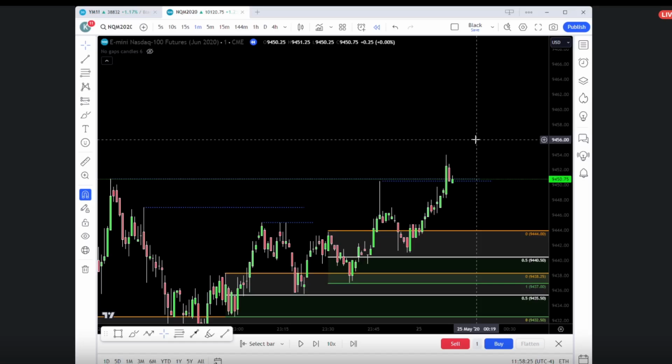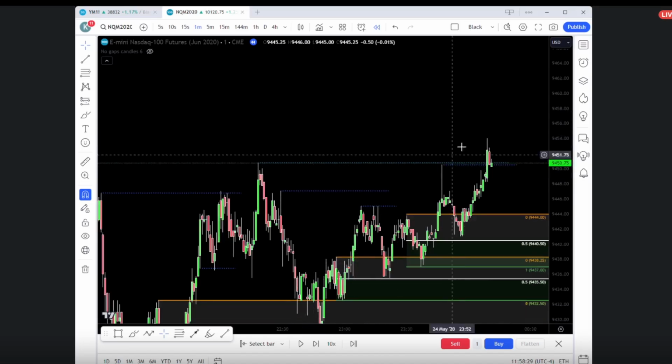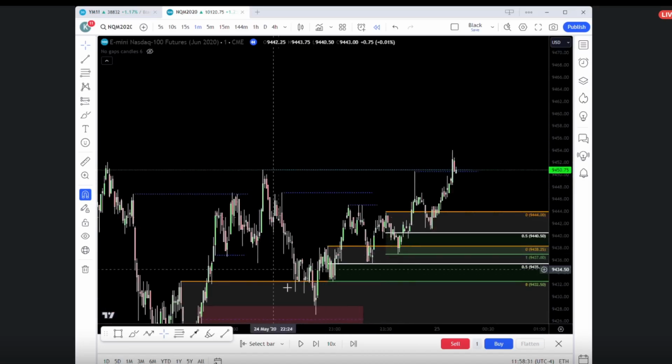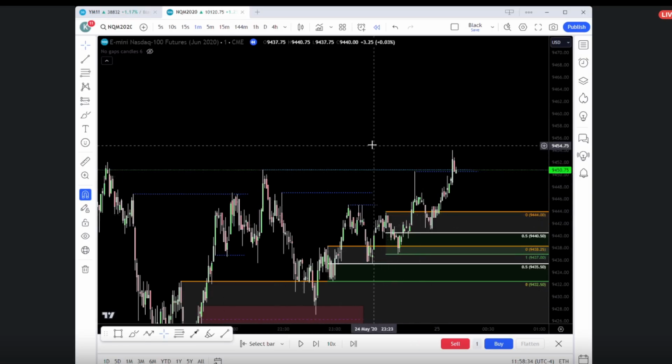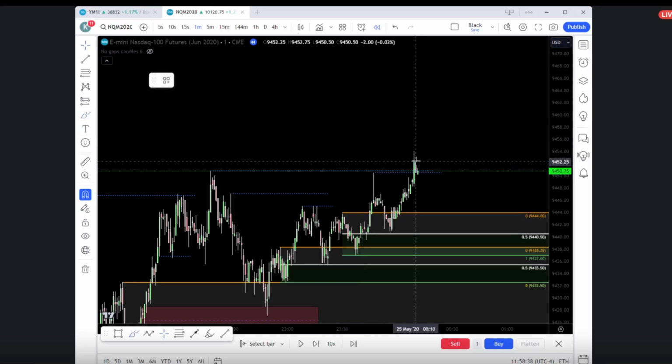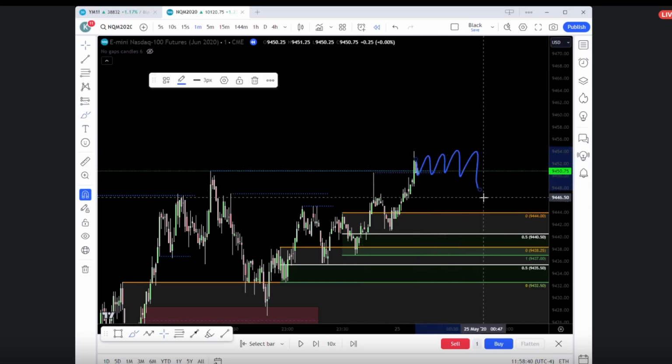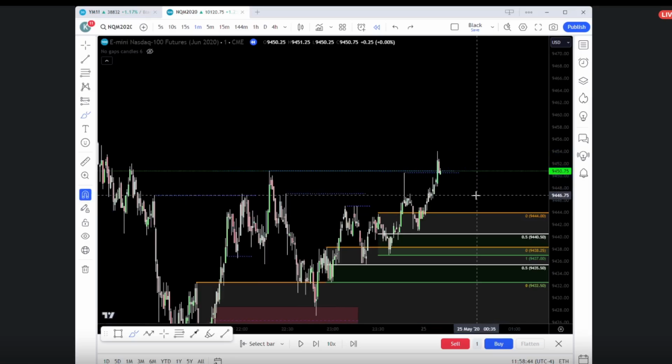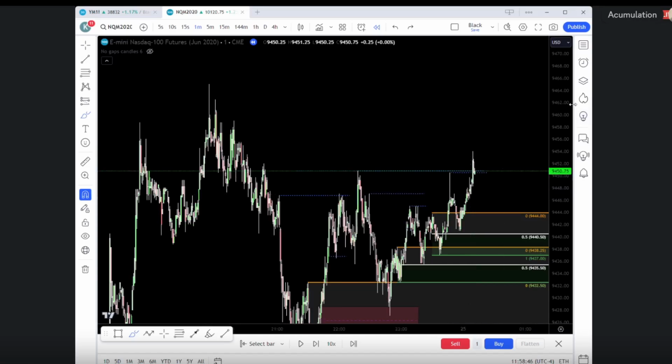So what are we expecting here? We've just broken the area, right? Say this is a 15-minute time frame, call it whatever, right? What do we expect here? Accumulation based off of that time frame, right?